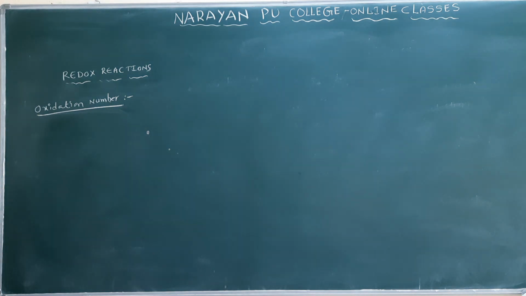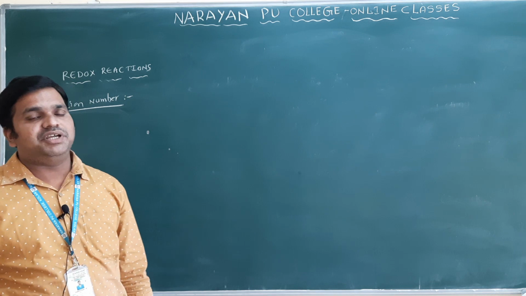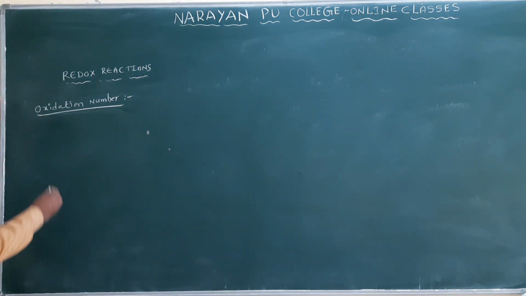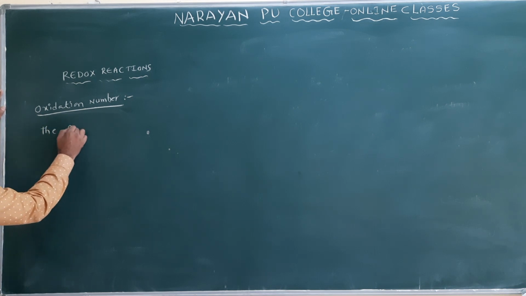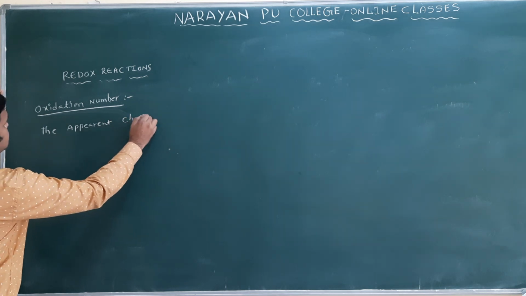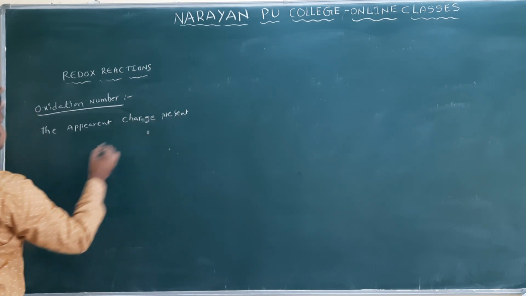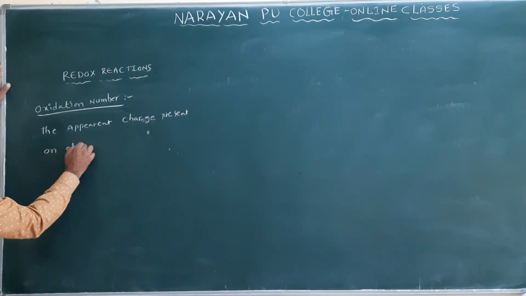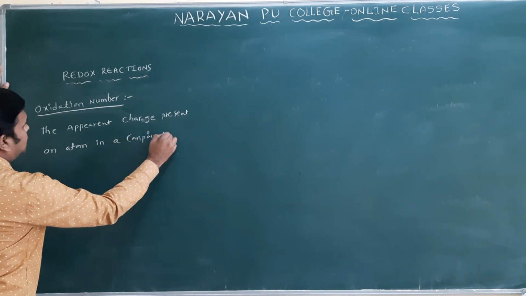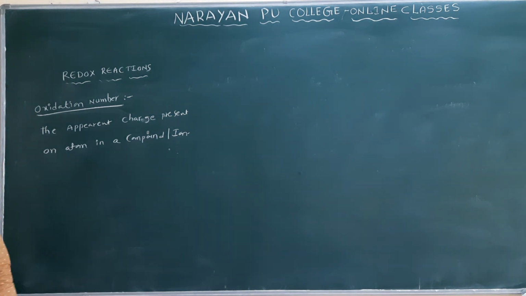The apparent charge present on an atom in a compound or ion is called oxidation number only.